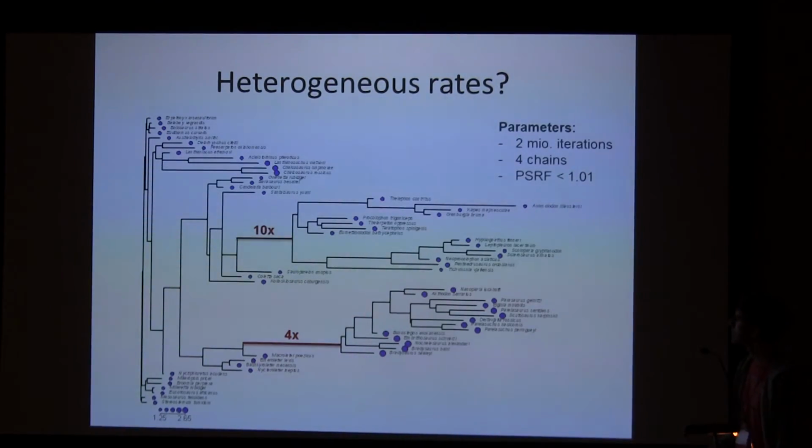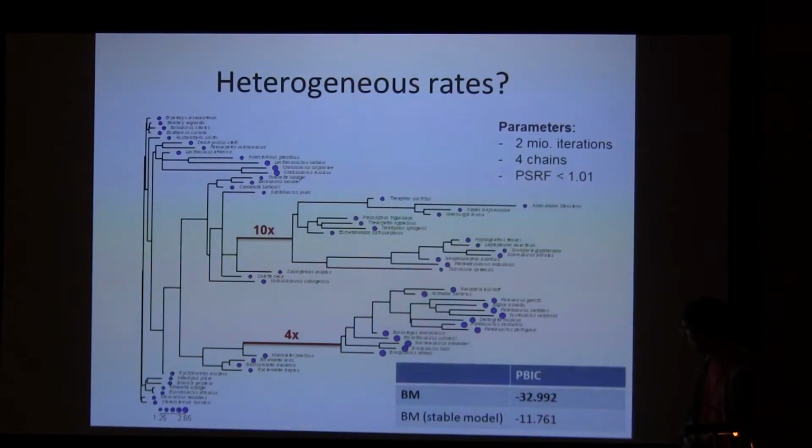So I've been using stable traits to model heterogeneous rates on the parareptilian phylogeny, and indeed for the branch leading to the pareiasaurs, you get an increase in the evolutionary rates of 4 times, and for another branch, for example in the procolophonids, you even get an increase of 10 times. The problem with that is that the homogeneous rate Brownian motion model actually is favored over the heterogeneous rate model.